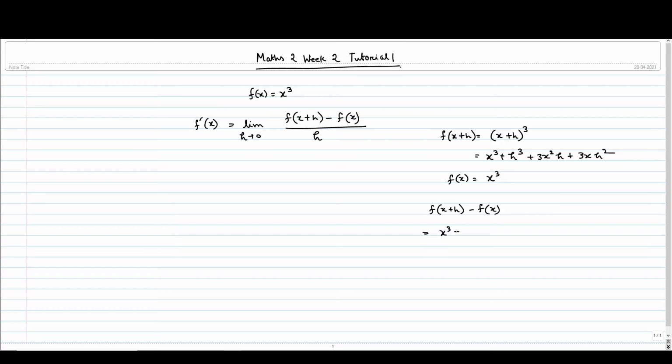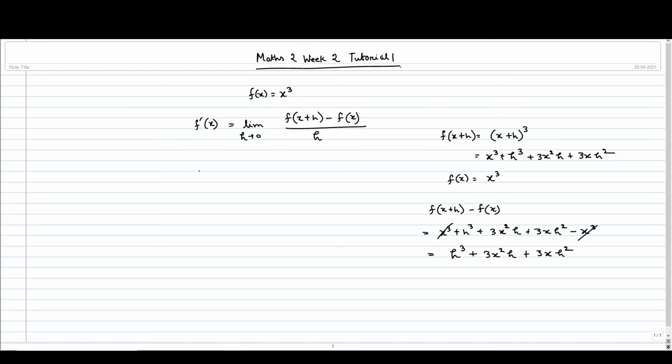Now we can write the whole thing down here. This x cube cancels off and it gives us h cube plus 3x square h plus 3x h square. This is the difference we are getting here.